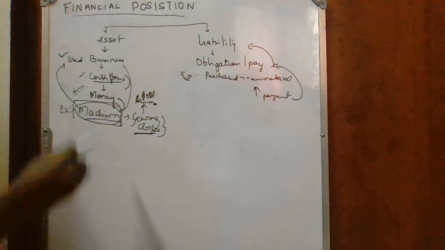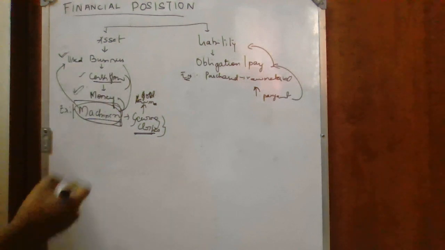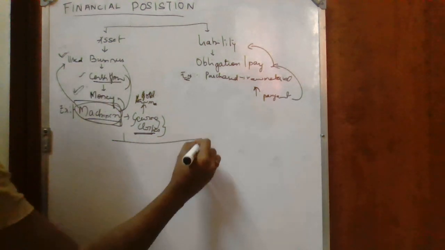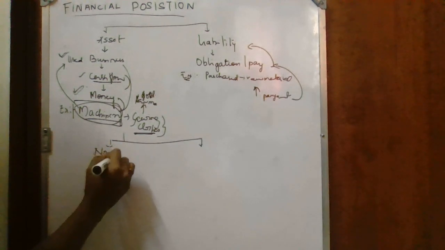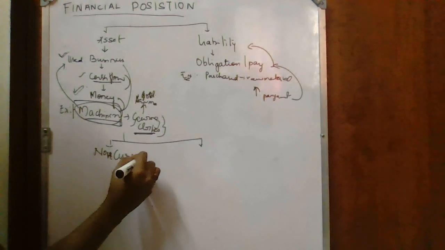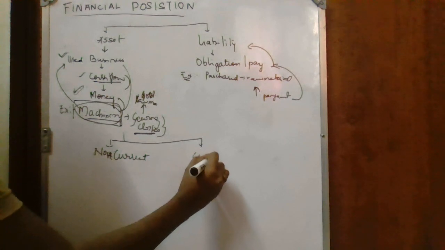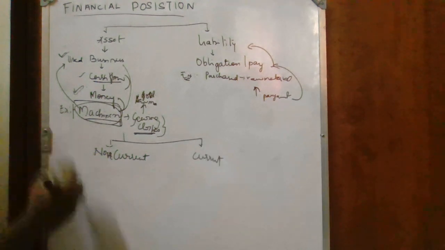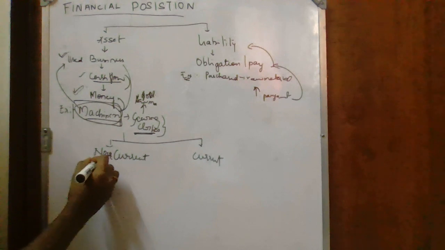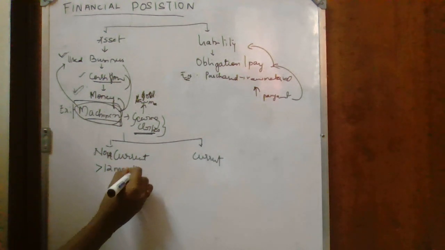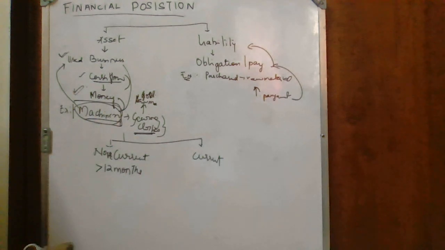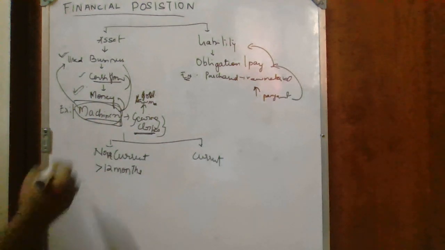Now let's see how many classifications there are in assets. In these assets we have non-current and current. Non-current assets are those which can be utilized in the business for generation of cash flow for more than 12 months.